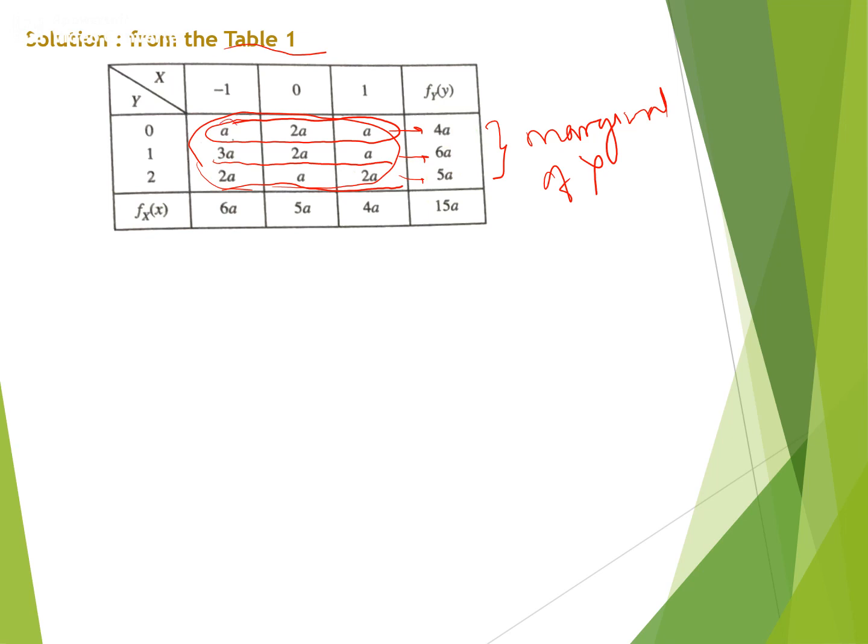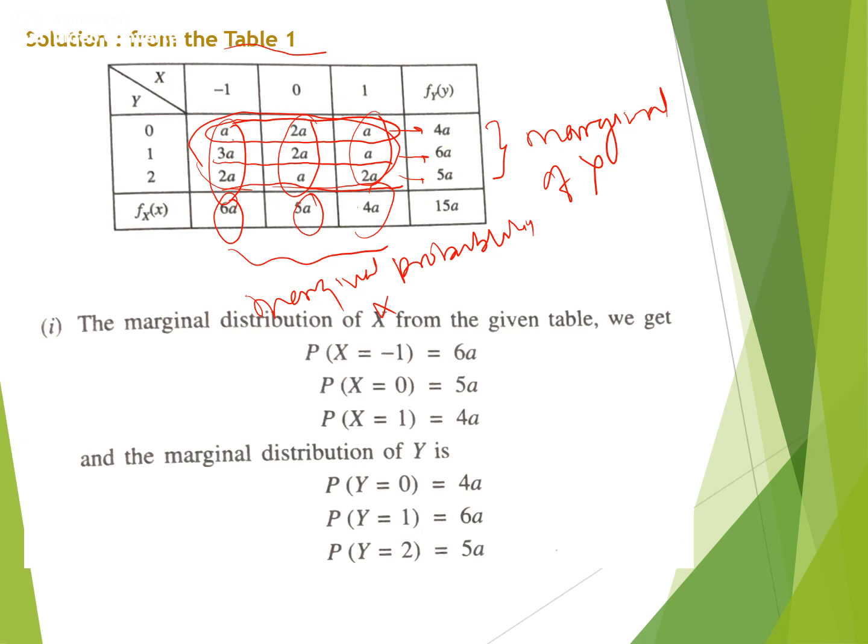Similarly, if we add corresponding to 0, we get 6a, corresponding to 1 we get 5a, and corresponding to 2 we get 4a. These are the marginal probability of x.